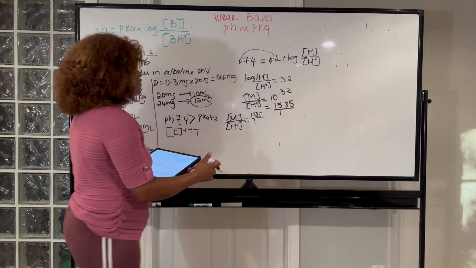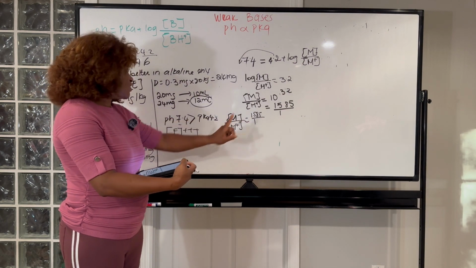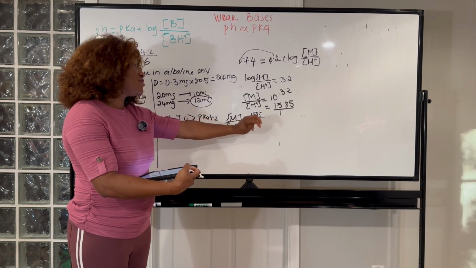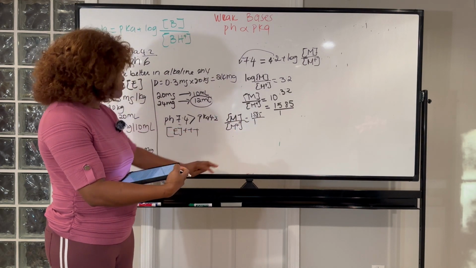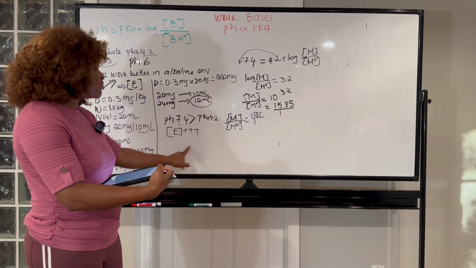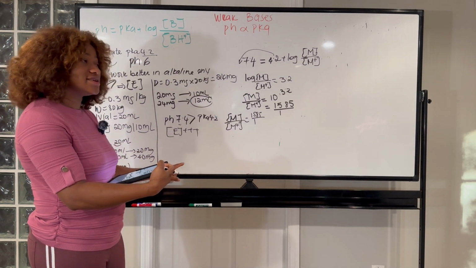So we have more non-ionized than ionized. We have 1585 more non-ionized than the ionized portion of the drug. And this confirms what we said earlier, weak bases work better in alkaline environment.